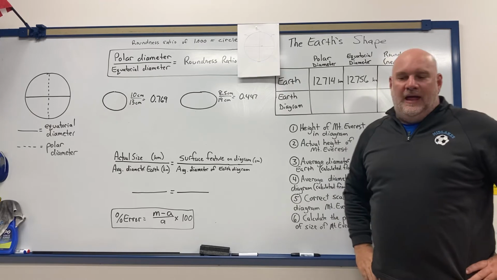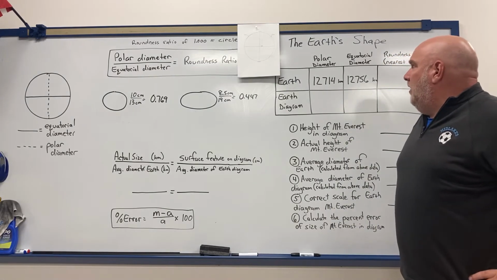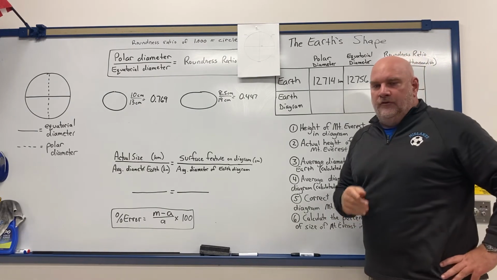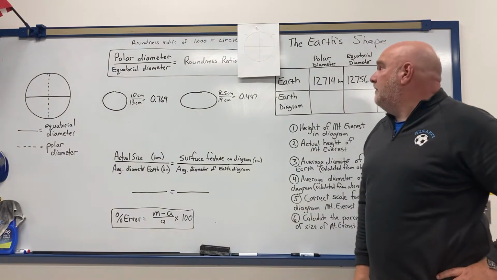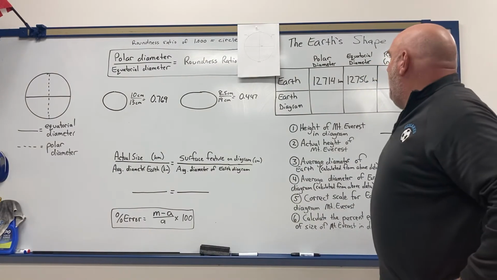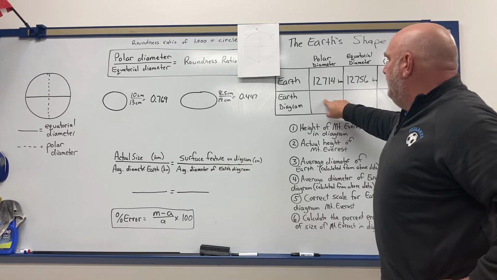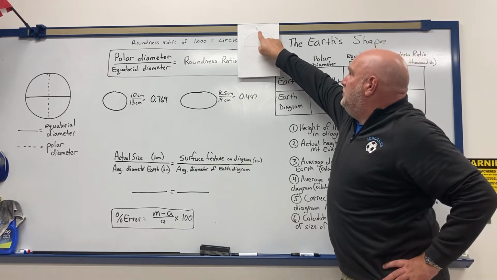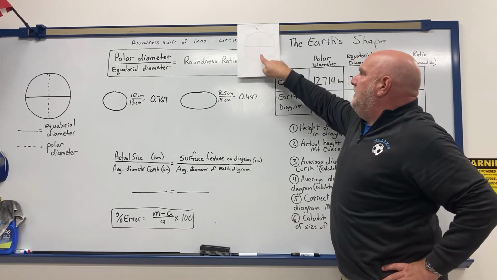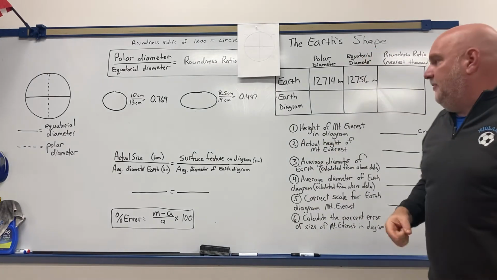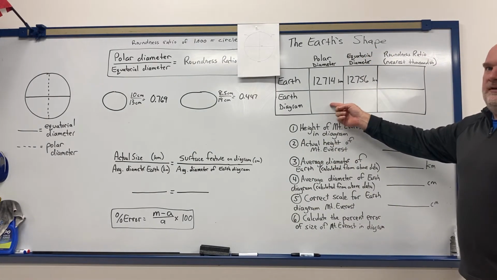Using a ruler, and there's one in the front of your reference tables if you need to use that, you want to measure the polar diameter. On your diagram, you want to measure this in centimeters to the nearest tenth of a centimeter to give you that number right there.